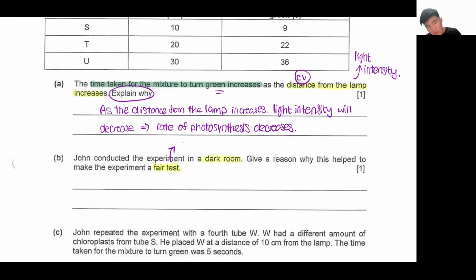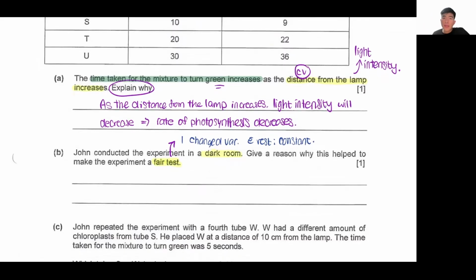A fair test can only happen when there is one change variable, and the rest will remain constant variables, or all of them will remain controlled.